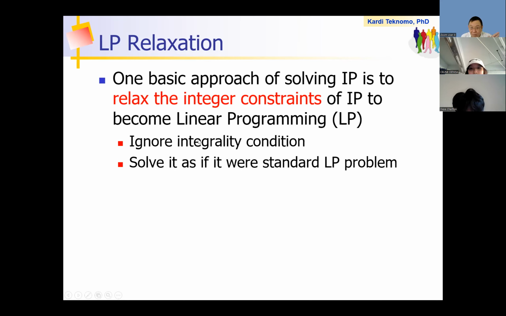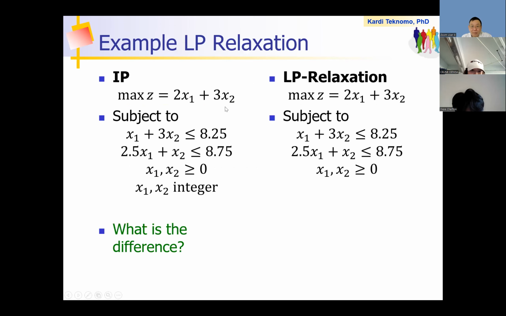You just ignore the integrality condition and solve it as if it were a standard linear program. So here is an example. This is an IP. How do you know? You see here, x1, x2 are integer, right? Can you see?